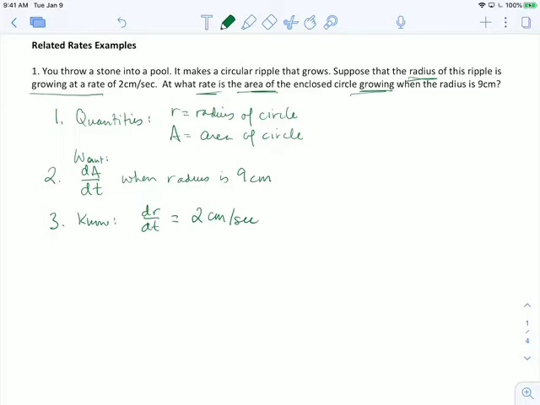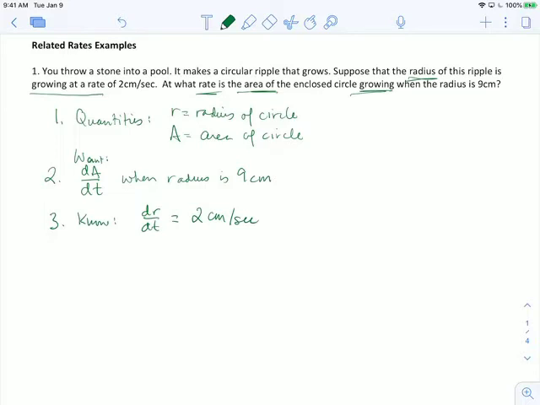And I'm going to include units as often as I can in my work, because I think the units play an important role in helping us figure out where to plug in things. And we want to be thinking about what kind of units am I looking for in my answer.